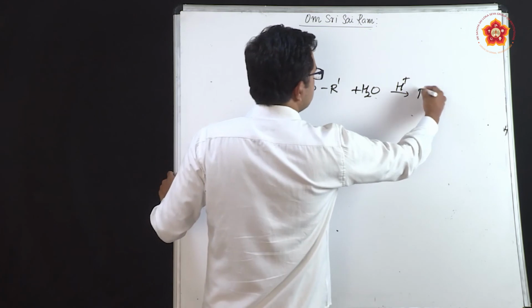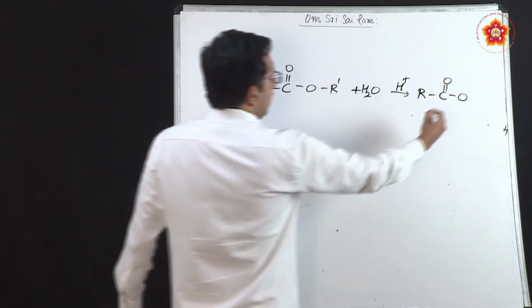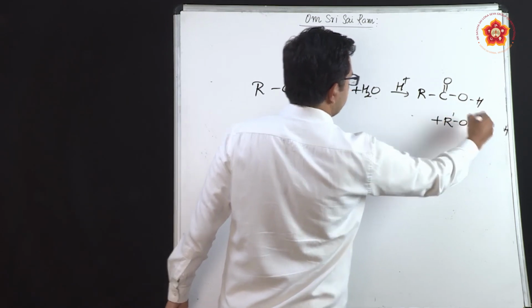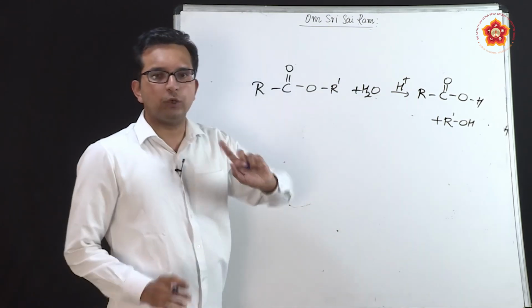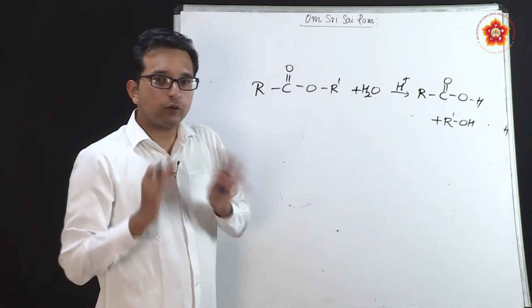The possibility here is it can form something like this, RCOOH, where H can come here, and I can also get an alcohol as a byproduct. This is one type of reaction that can happen. What could be the other type?